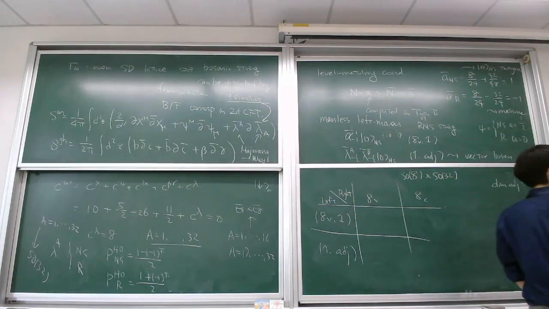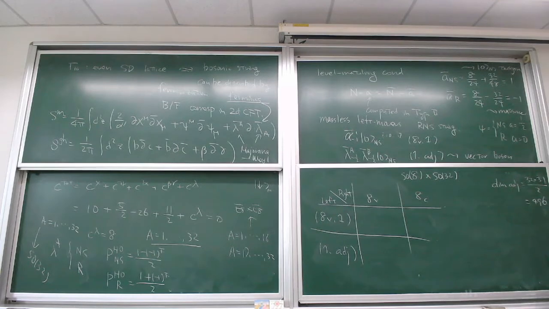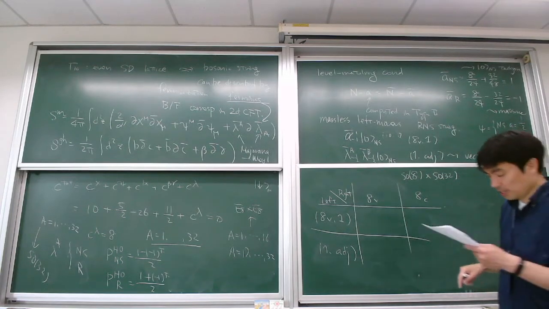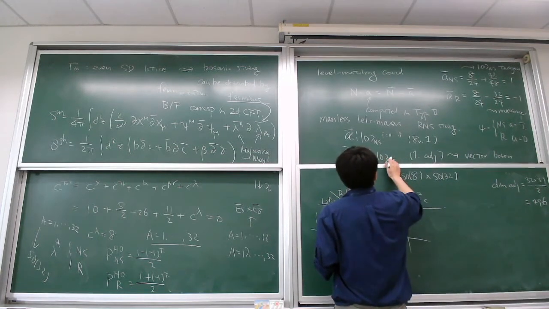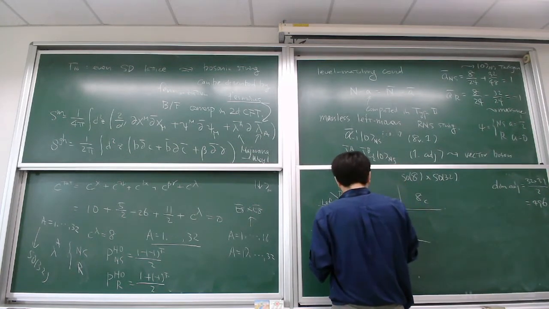So this is the dimension of the gauge bosons, and as you can easily see, it becomes one.